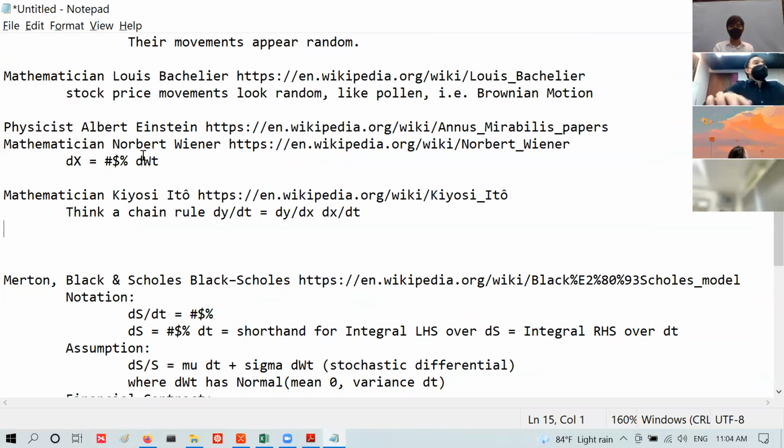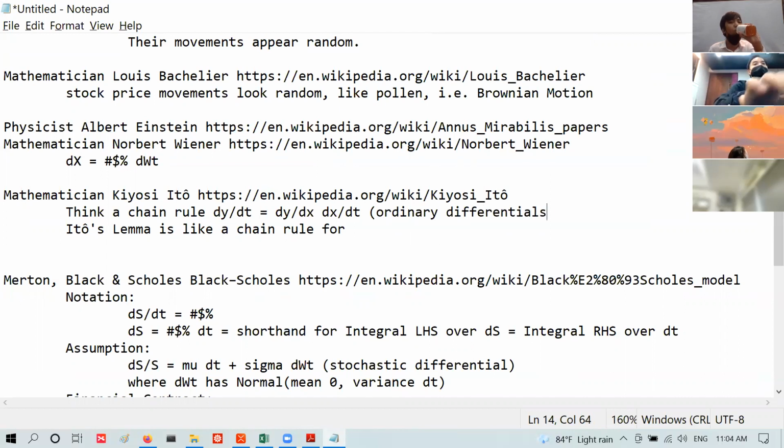Okay. Now, what Ito did was Ito's lemma. Lemma is like a chain rule, and this is for ordinary differentials, right? For stochastic differentials.